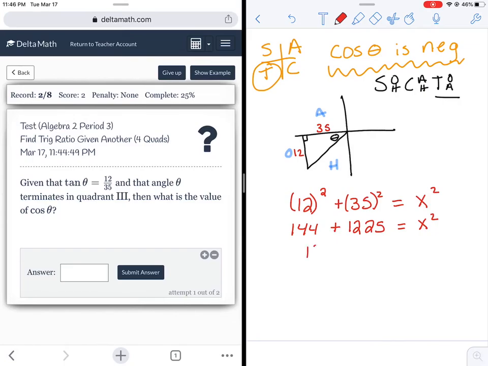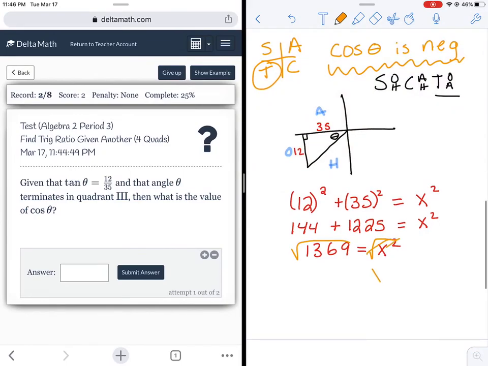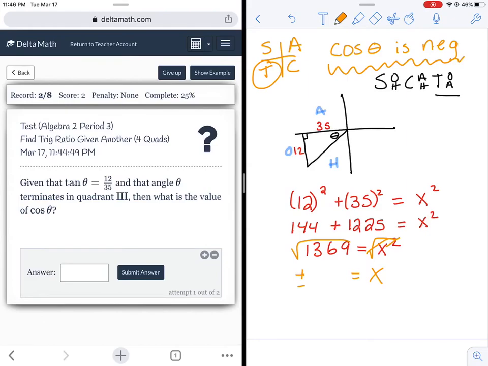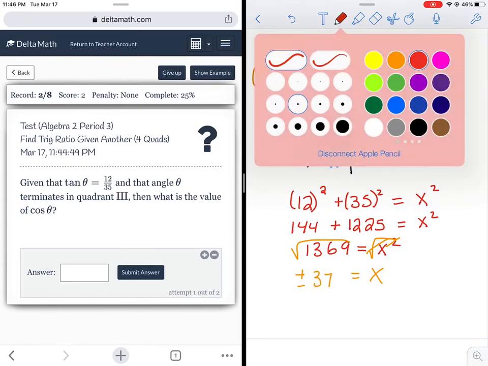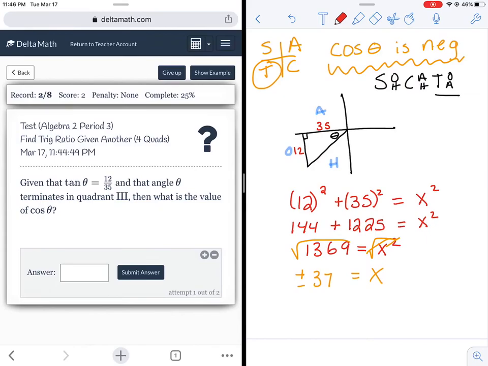I get 1369 equals x squared. Again, I want to solve for just x, so let's take the square root. Don't forget that it is now plus or minus, and the square root of that 1369 is 37. I'm looking for my hypotenuse, so my hypotenuse is always positive, so I'm going to label my hypotenuse now a positive 37.